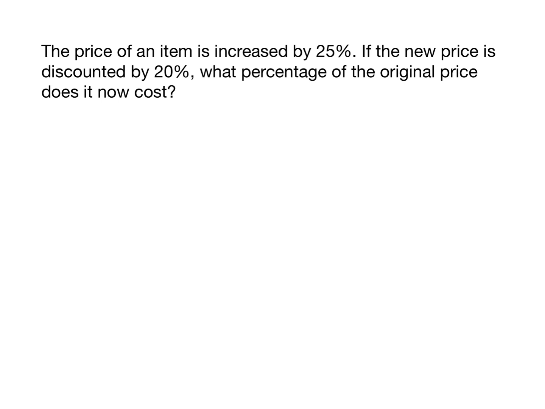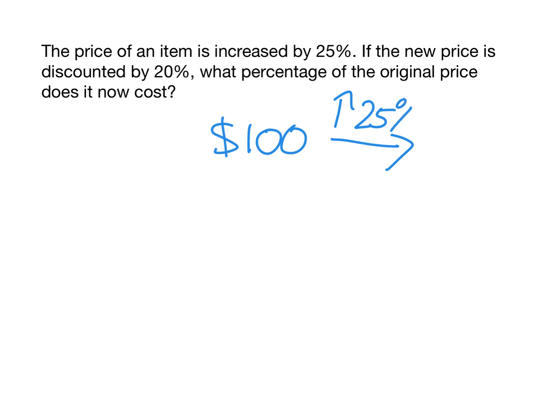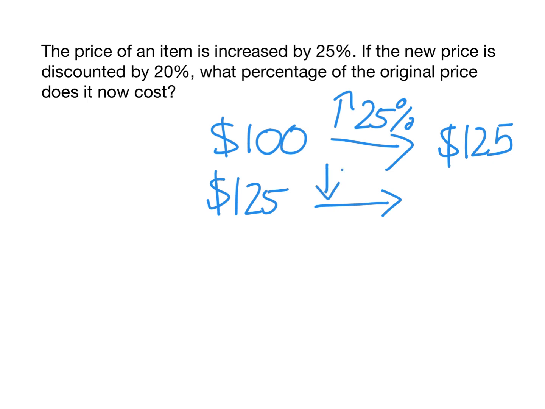So let's just say the original price of the item was 100%. If you increase 100% by 25%, you times by 1 plus 25 over 100, then you get 125. Now we're going to take 125 and decrease that by 20%.